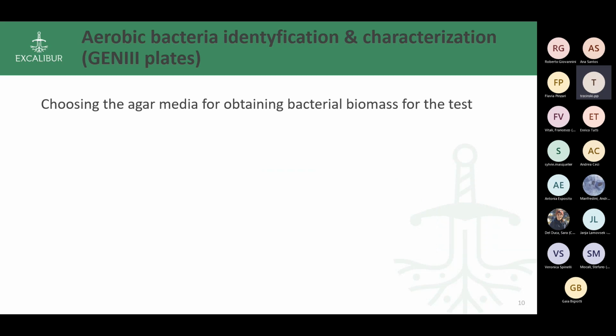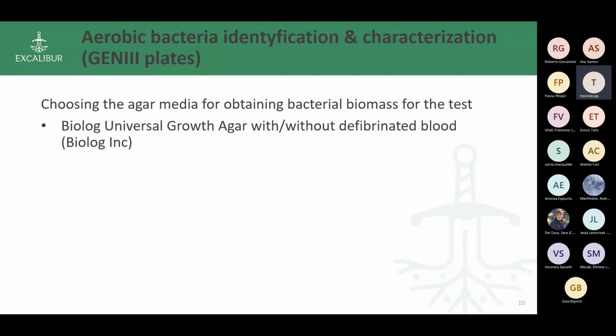The next thing, we have to choose proper media for obtaining the biomass for the test. So the default medium is BIOLOG universal growth agar, with or without defibrinated blood.